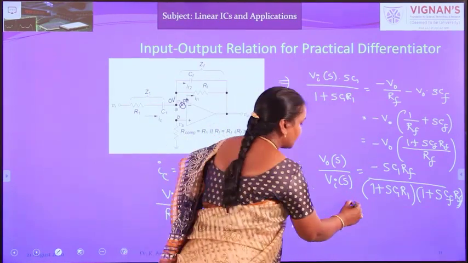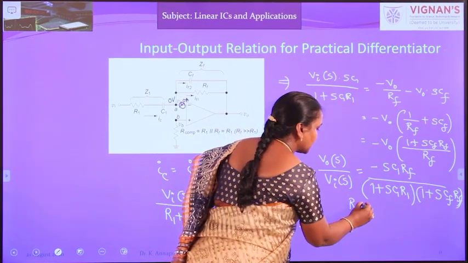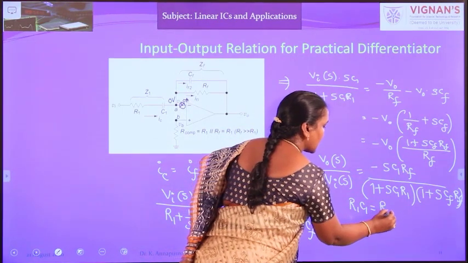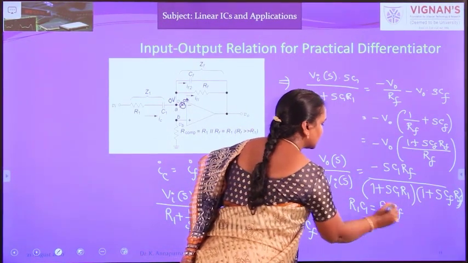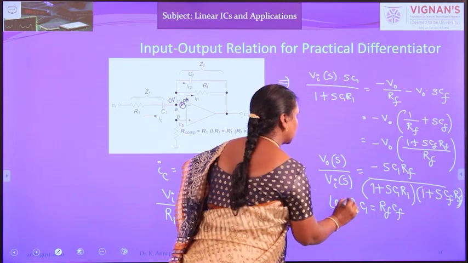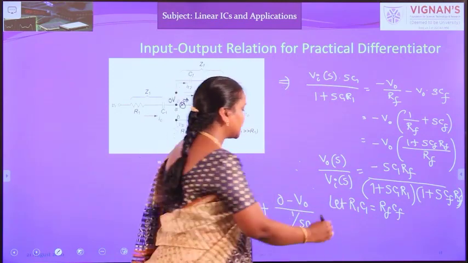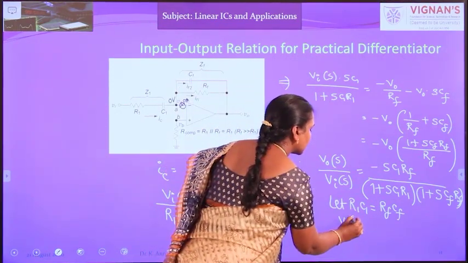Now, if R1 C1 is equal to RF CF, let us assume this, then what is the expression for V0 of S by Vi of S?